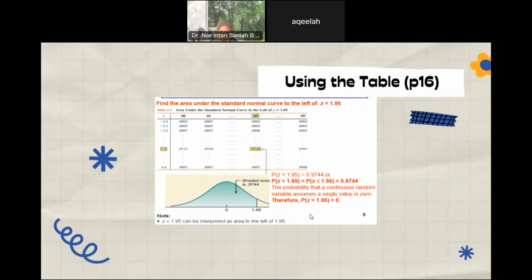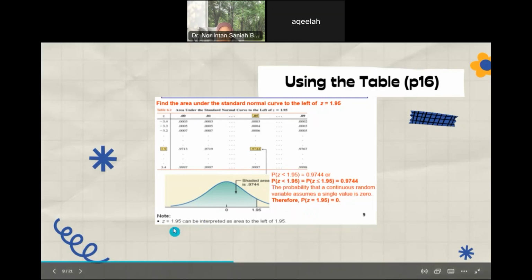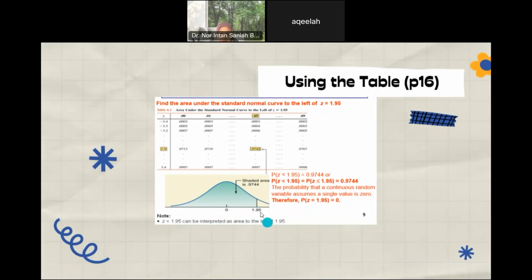So whether the number is negative or positive, less than and less than or equal to are the same. Here 1.95 can be interpreted as the area to the left of 1.95.